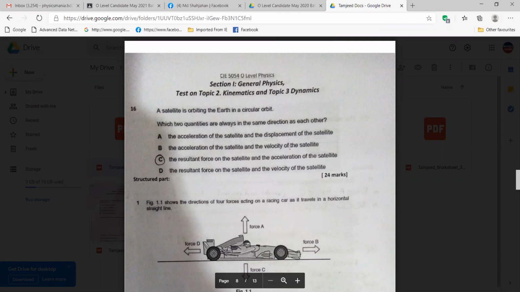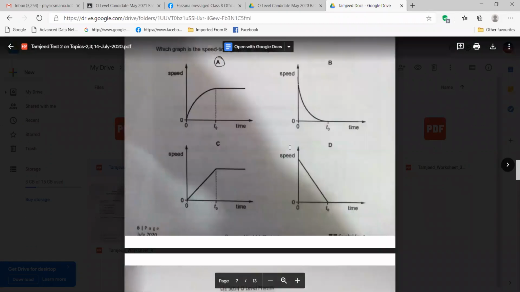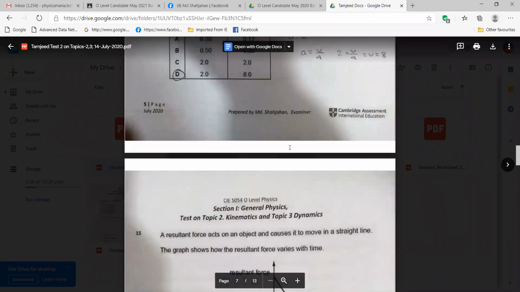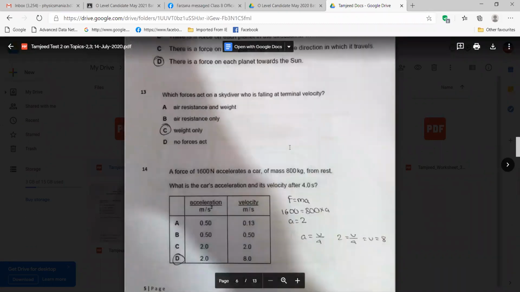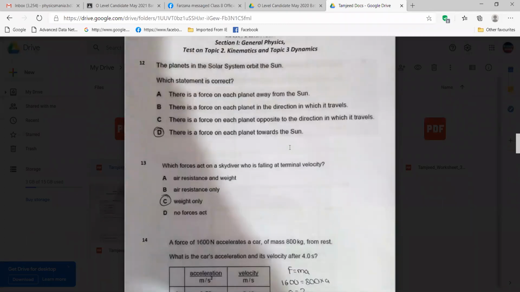In the same direction, right? This one is fine. And another question I am trying to find. Okay, this one, question 13.